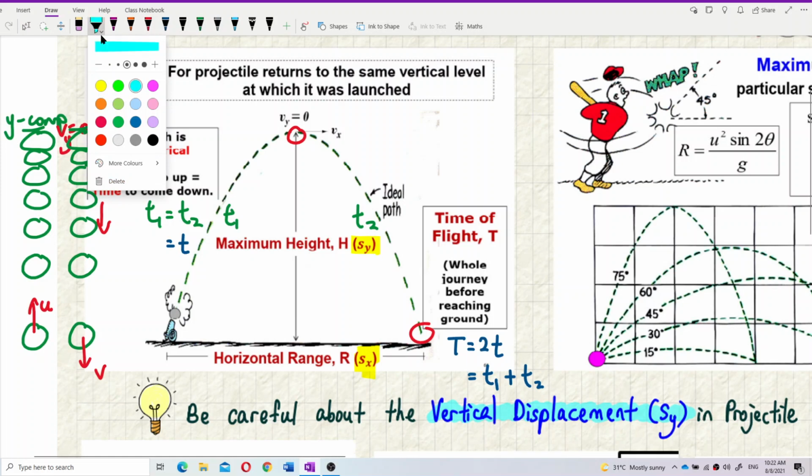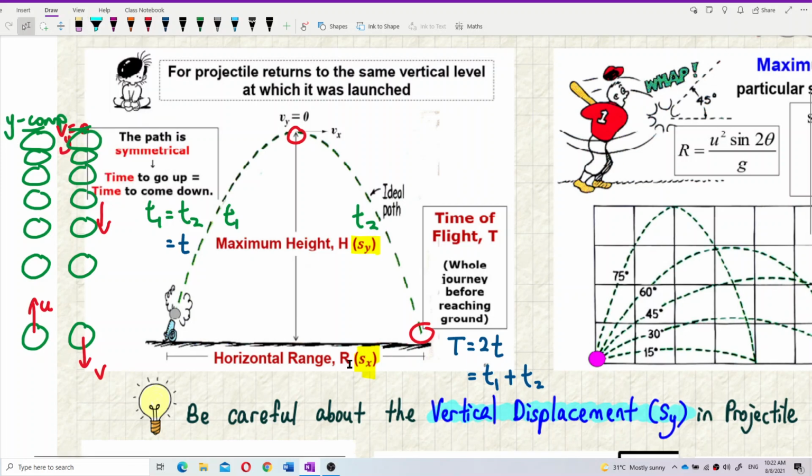Normally when we talk about x component displacement, we say it is a range. When we talk about vertical displacement, or Y component displacement, it is called height. Range for X, height for Y. For the X displacement we use the symbol R, and for the Y displacement we use the symbol H, because it's height and this is range.